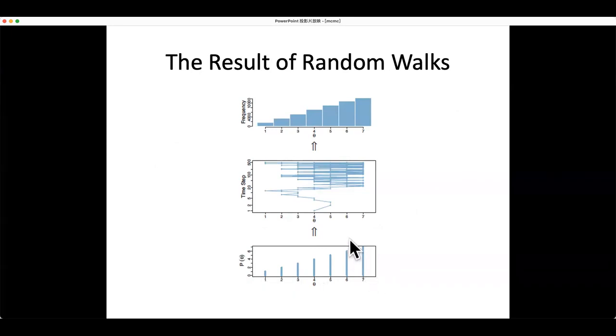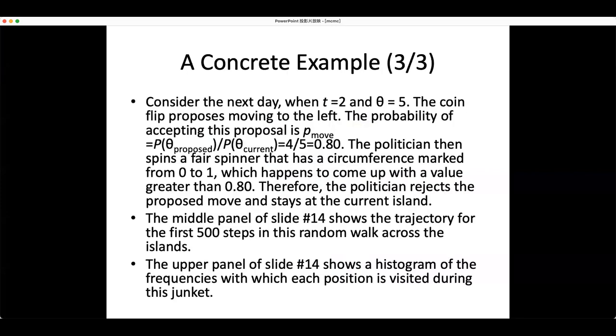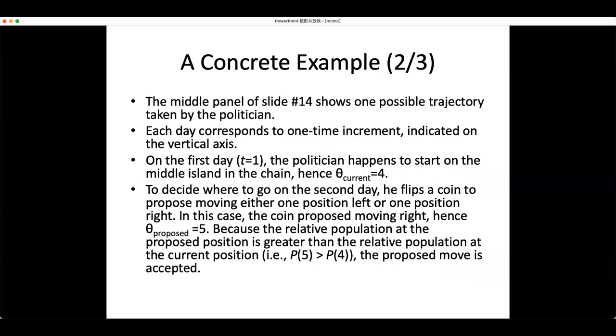Now let's assume the politician starts from the 4th island, the middle one. On the first day, the politician happens to start from the middle island.